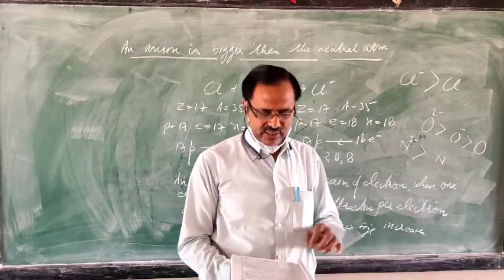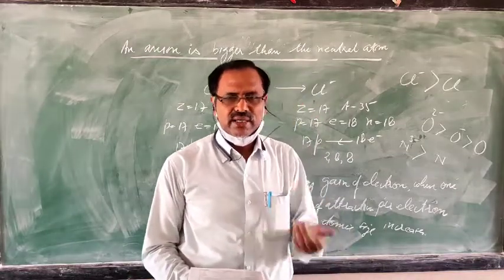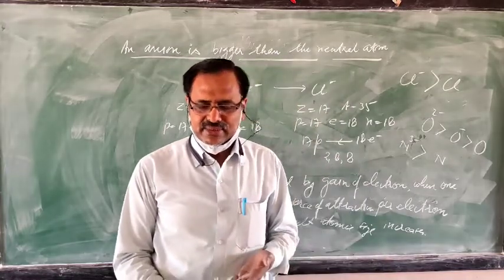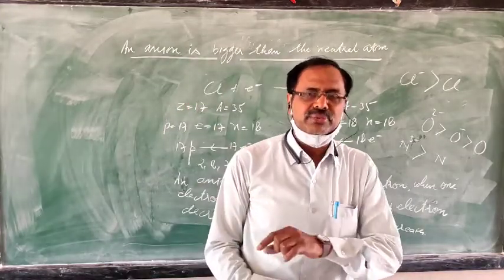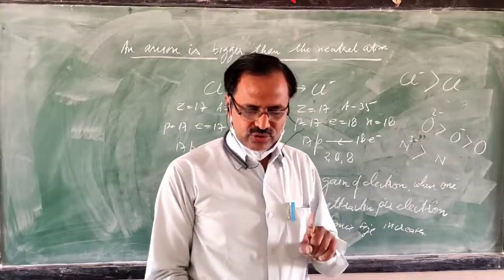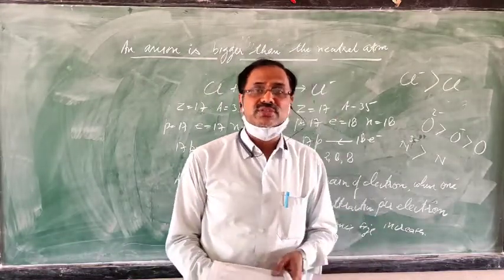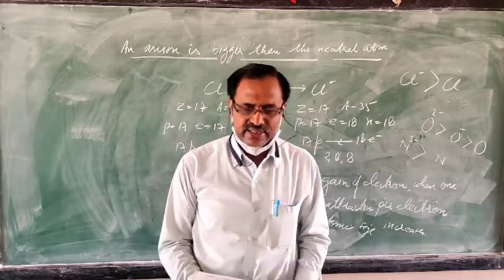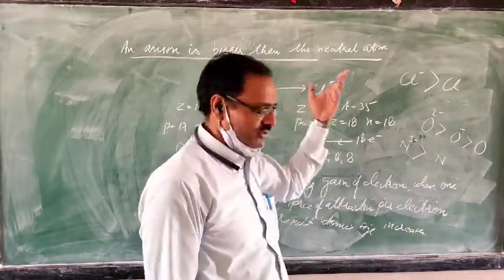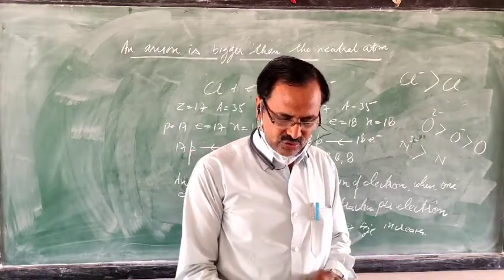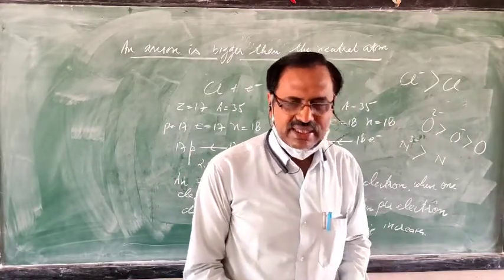Either read from the book or study the expression I gave, both are correct. Since the size of the cation is given, we will use this in the next periodic property, ionization potential. But since you are studying the cation, I have given the anion also. So similarly you can study the anions also. So now this atomic size is over.